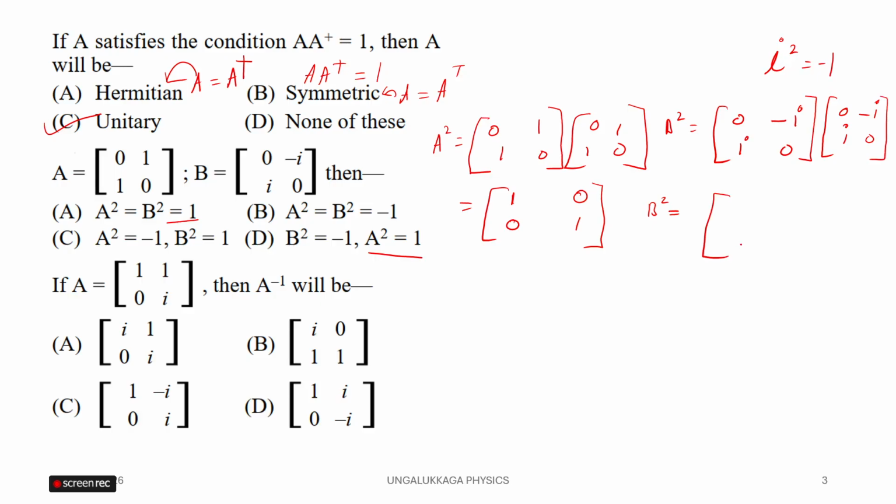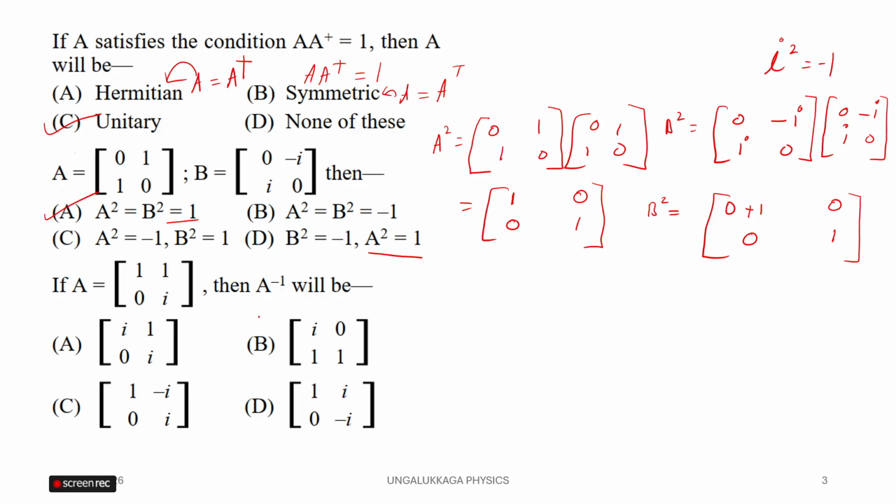Here we will have 0, and we have a minus sign here with i square becoming minus 1, and minus into minus gives plus here. Again this will become 0, and i square is minus 1 with another minus sign here, so this will become plus 1. So both are identity matrices, so you will have option A.